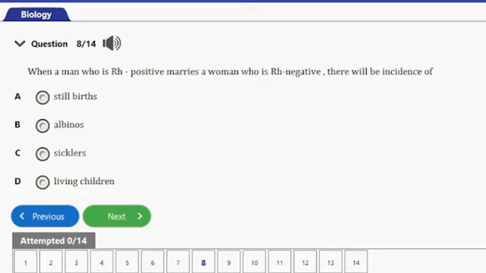And then in the case of the second birth, these antibodies might fight against the blood of the baby if the second baby also happens to be rhesus positive, and in such a case this will lead to stillbirths.